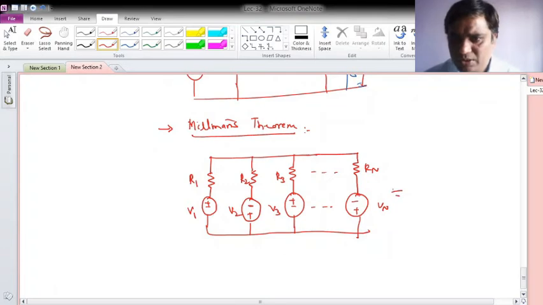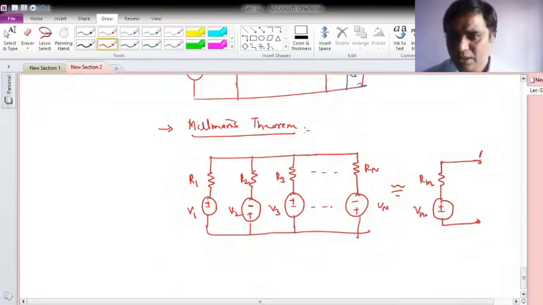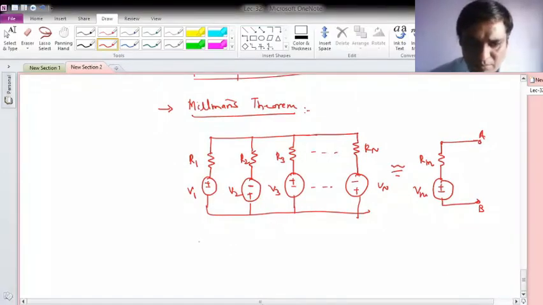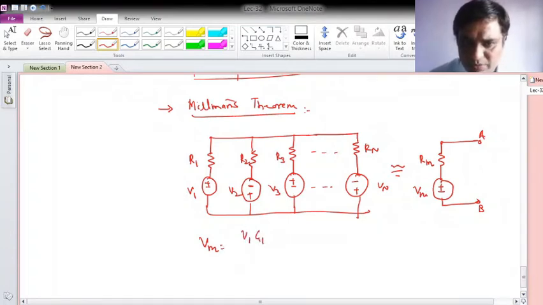Okay, so according to Millman, this should be replaced by its single Thevenin's equivalent, which will be like this one, with a voltage source. This will be your Rm, and this will be your Vm. The value of Vm can be computed as V1 G1. Remember to check the polarities.